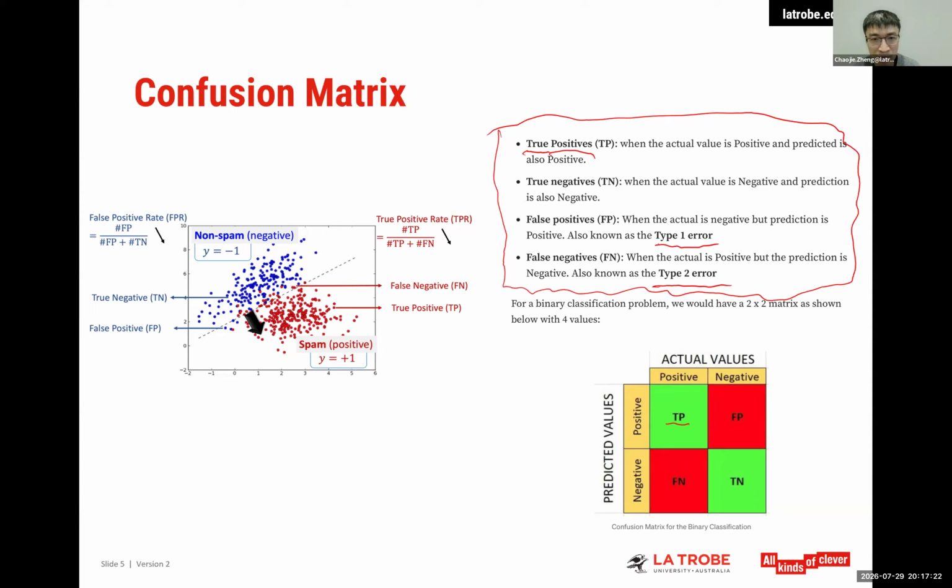And the other three terms follow the same rules. So we just put the corresponding count into the cell, and this will form the confusion matrix. And later on, we will see more measurements that are computed based on this confusion matrix. It is a more intuitive way to visualize, I would say, the summary of the classification result.